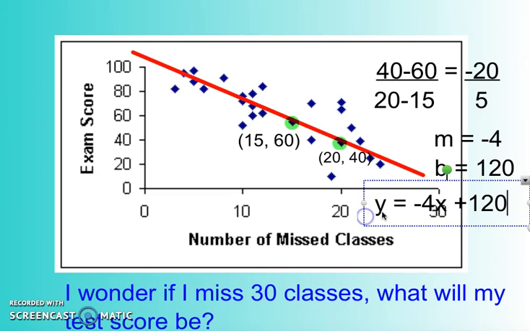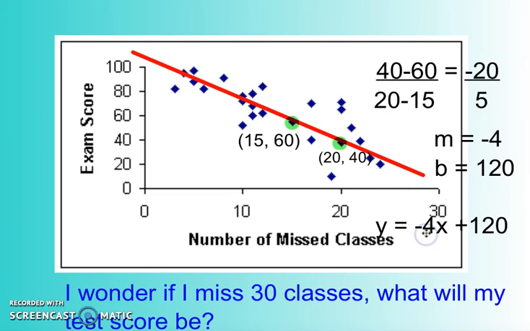And so if I want to figure out what my score would be if I actually missed 30 classes, which I better have a good excuse for, because I don't think a professor would pass you if you miss 30 classes, or a teacher in school. So let's figure this out though.